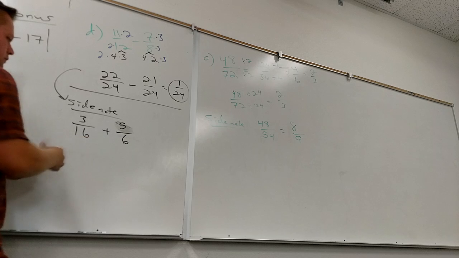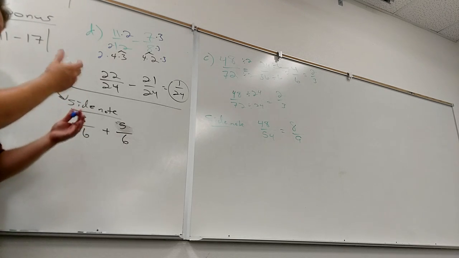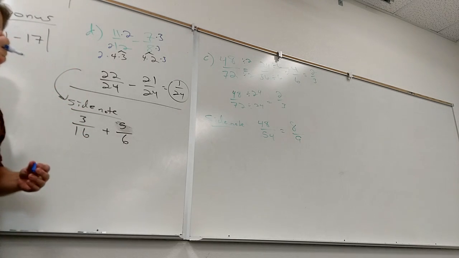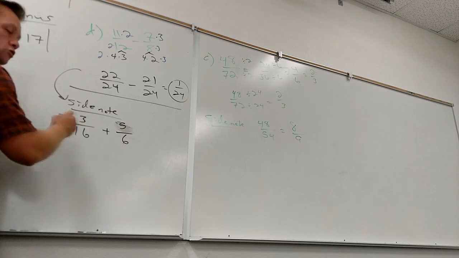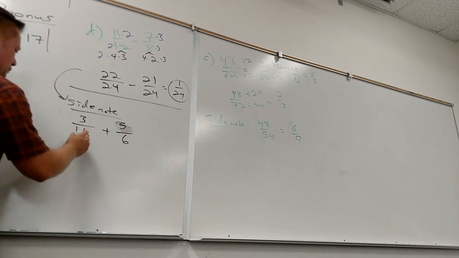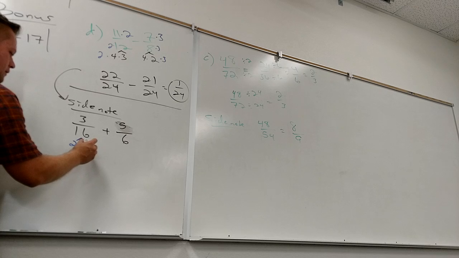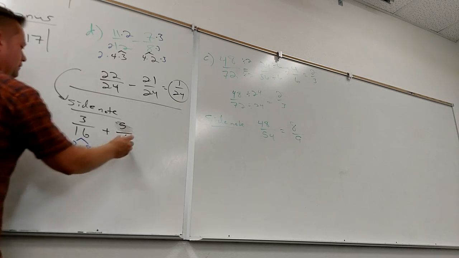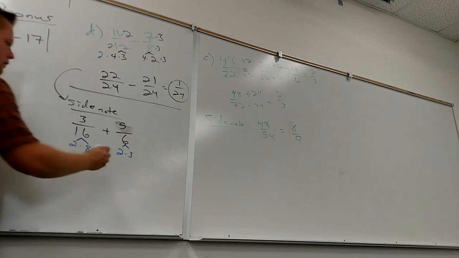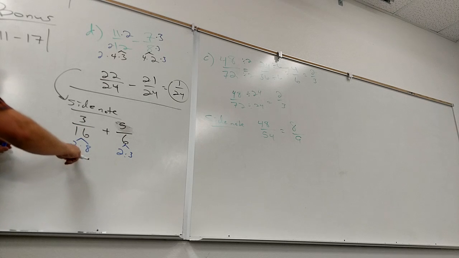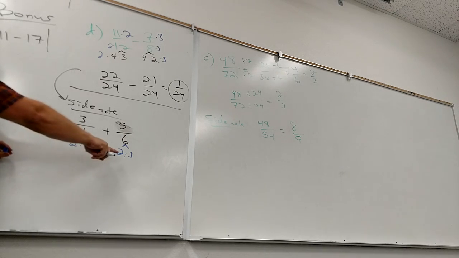What number goes into both 16 and 6? The biggest number. 6 doesn't go into 16. 4 doesn't go into 6. 2 does. 2 times 8, 2 times 3. So what does he need that the other has? He needs the 8. He needs an 8.